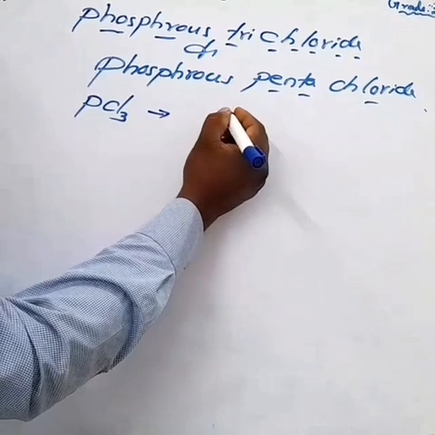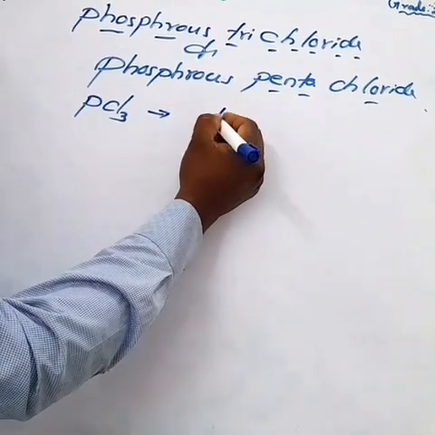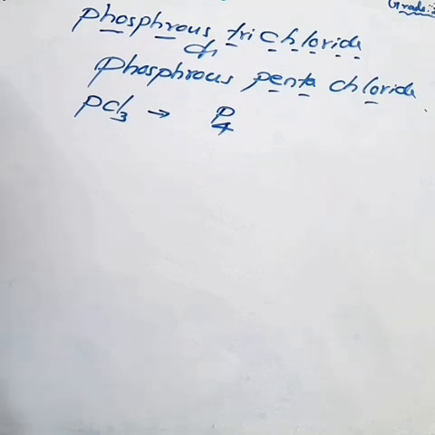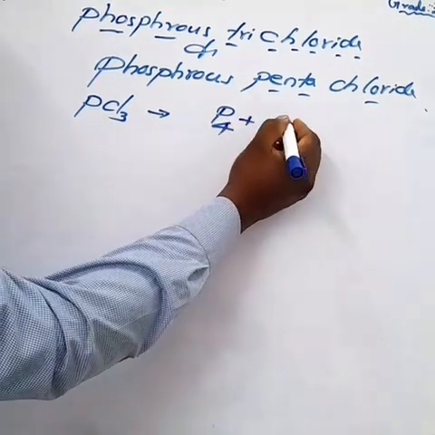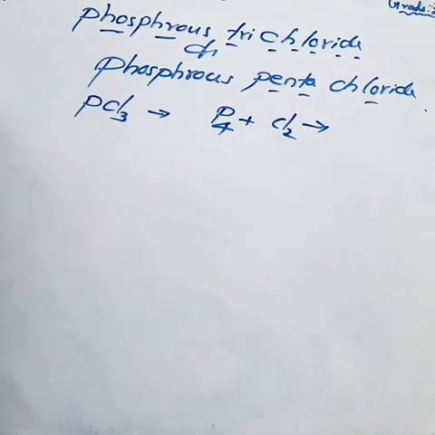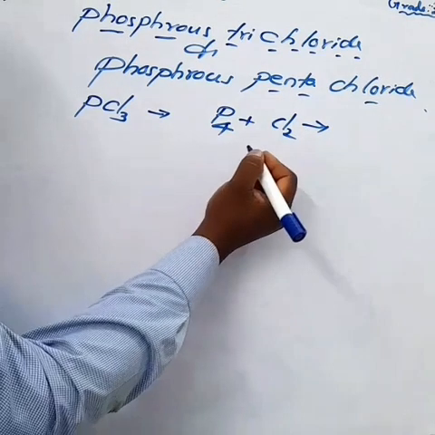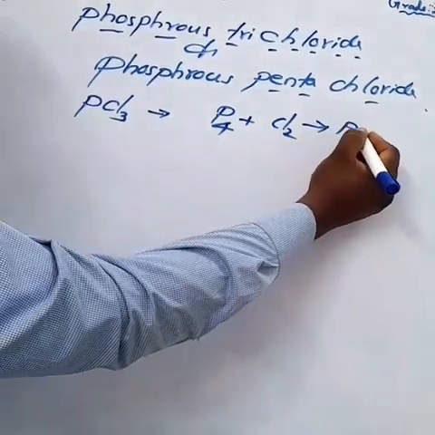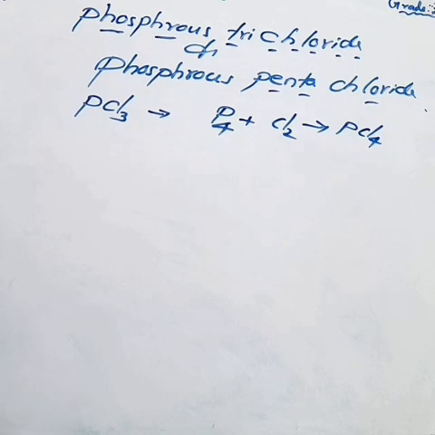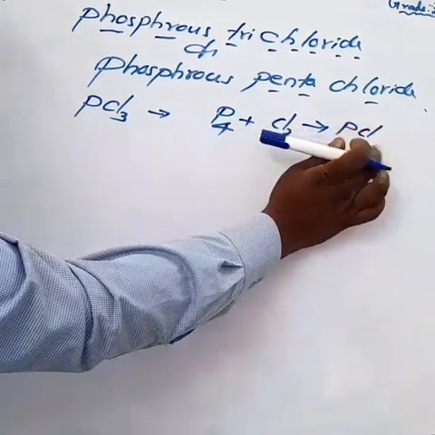By the reaction between white phosphorus and chlorine. There is a slow stream of chlorine. The phosphorus combines with the chlorine and we get phosphorus trichloride. The formula of phosphorus trichloride is PCl3.